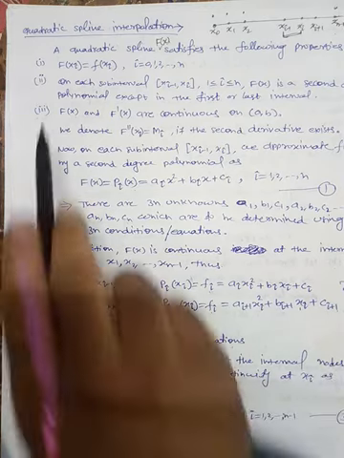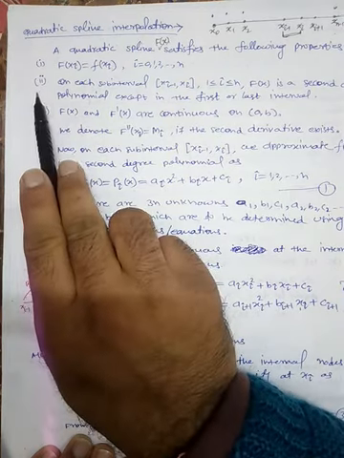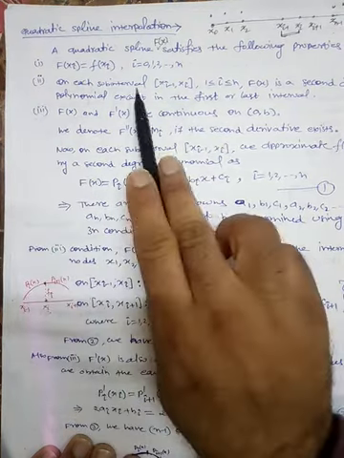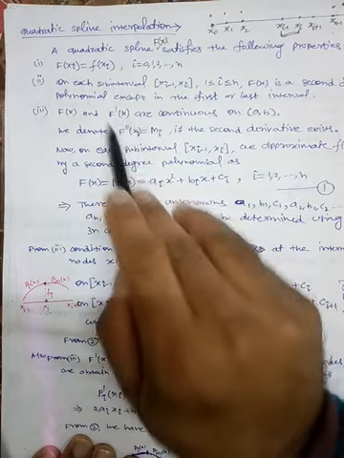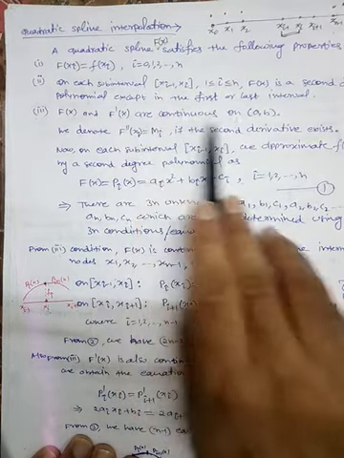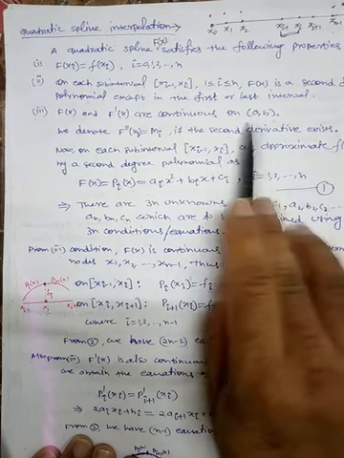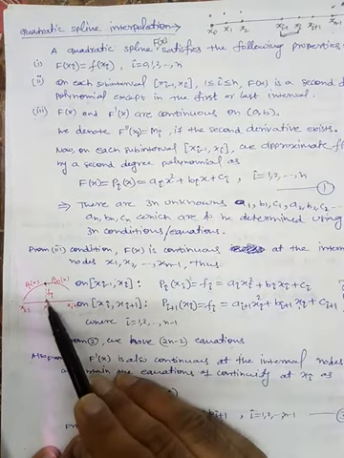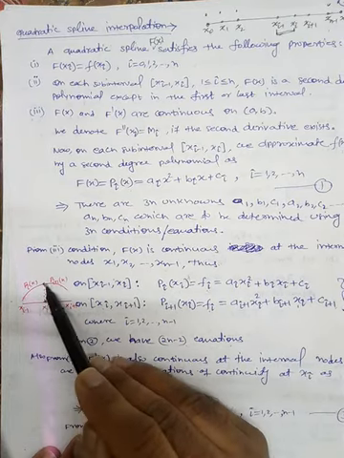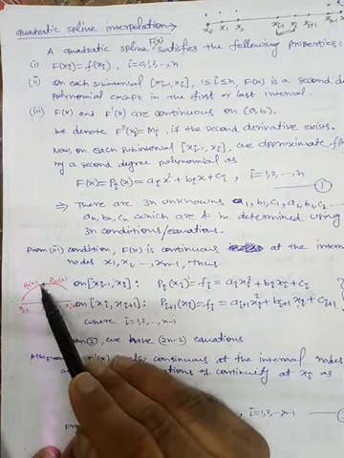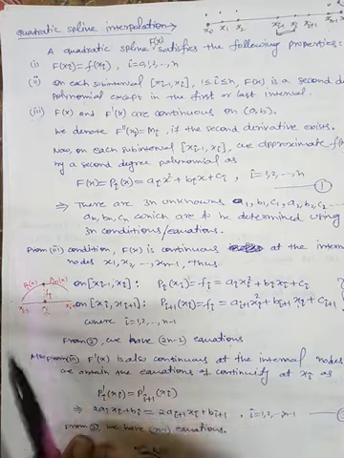Okay. Now the second condition says that in each sub interval, f'(x) is continuous on the open interval (a, b). That means at this internal node, the derivative obtained from this polynomial and this polynomial should be the same for the continuity.